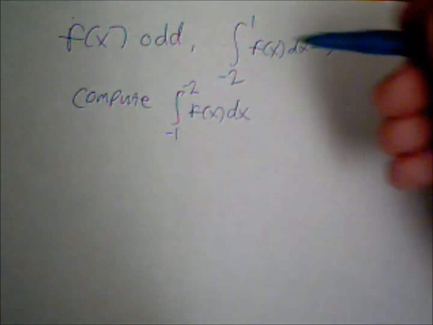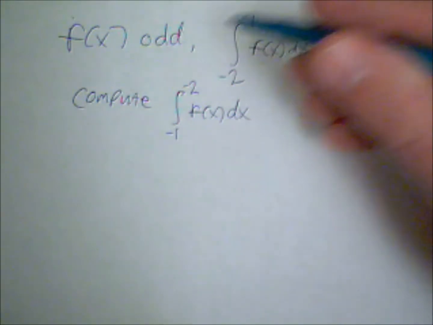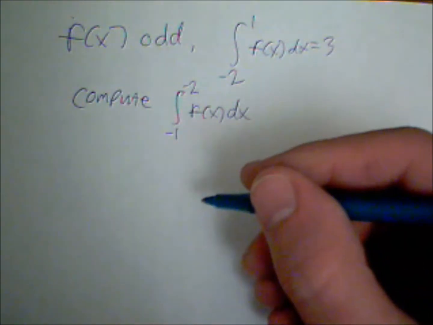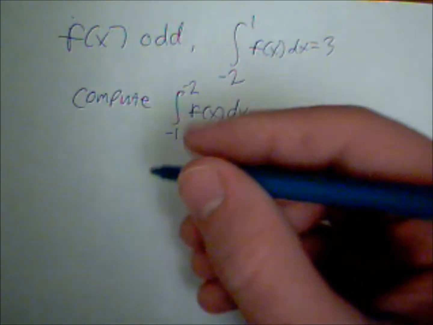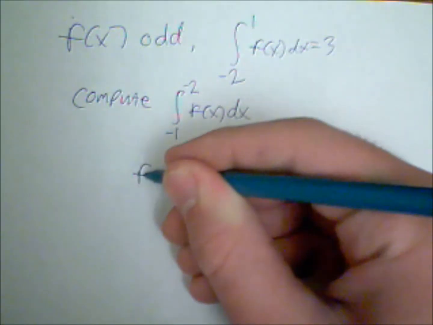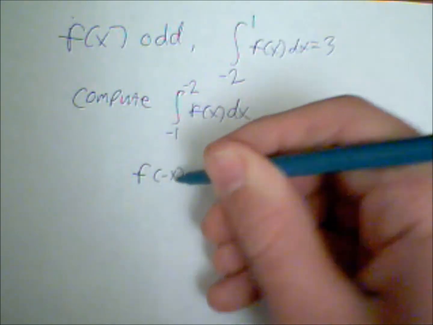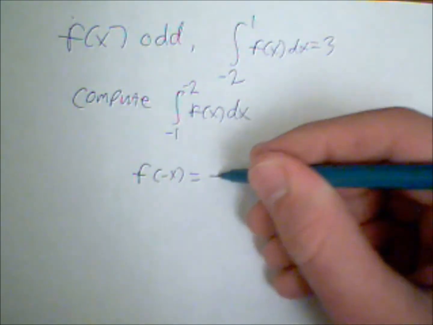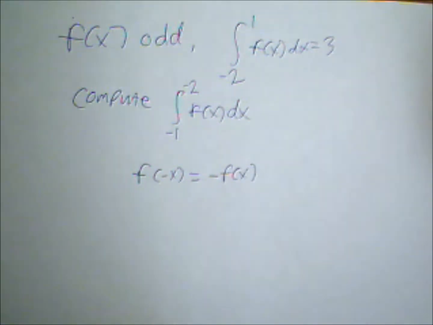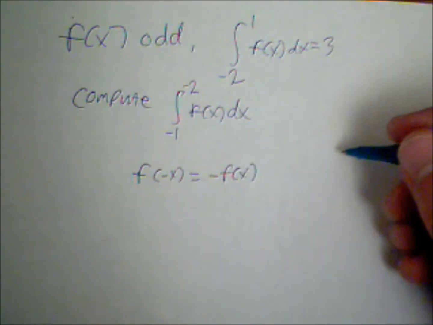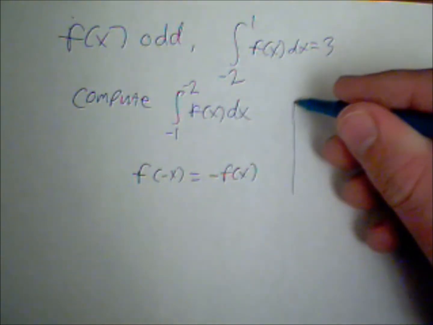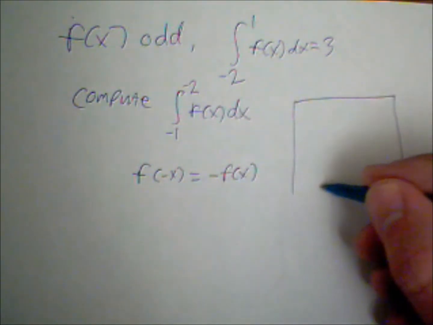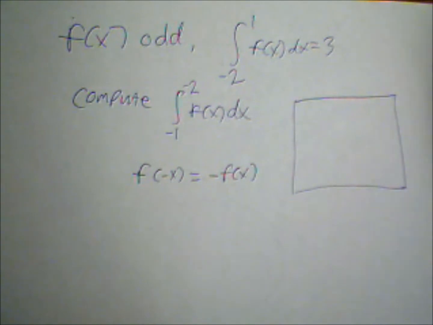So what does it mean to be odd? Well, what it means to be odd is that f of -x is equal to -f of x. Okay. If we were to draw a picture, the standard odd function is sine of x.